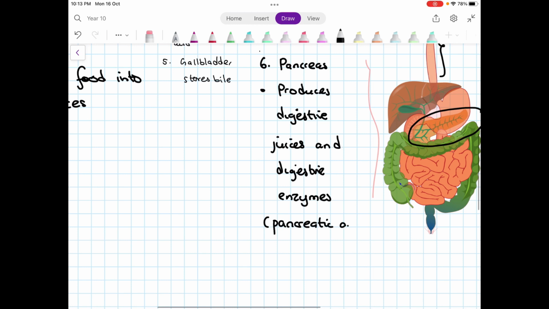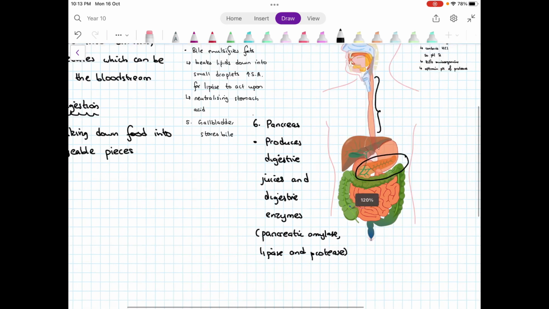For example, pancreatic amylase, lipase, and protease.